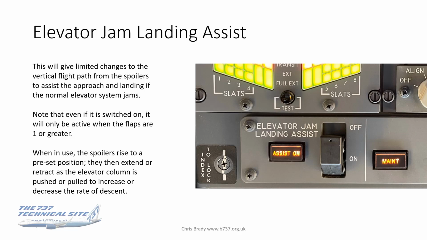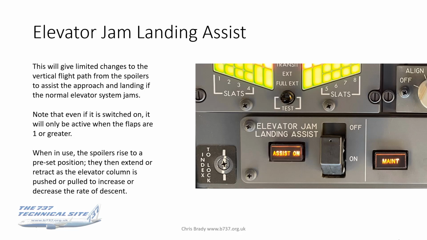Now, even if you switch this switch on, it's only active when the flaps are 1 or greater, so you won't notice anything if you're clean. So as I say, it's only for the approach. Now, what happens is with this system on, and the flaps at 1 or greater, the spoilers will then rise to a preset position.